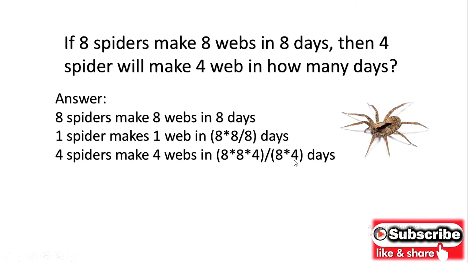But when 4 spiders make 4 webs instead of one web, it will take more time, right? So this 4 will be the numerator. That's why this 4 is used as numerator, and this 4 will go as the denominator. So if we do this calculation, we get 8 days.